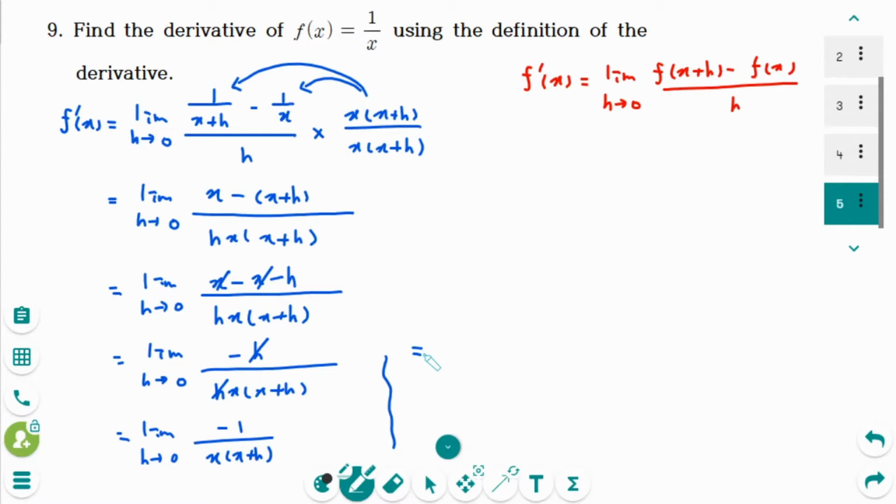Put 0 into h, minus 1 over x times x, which is minus 1 over x squared. Then shall we check the answer with the power rule?